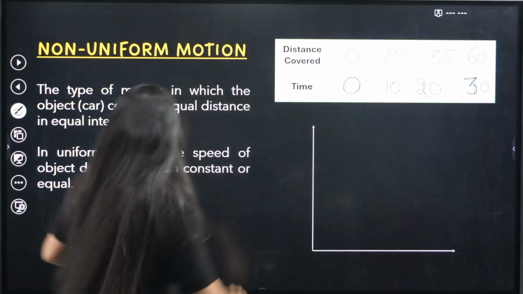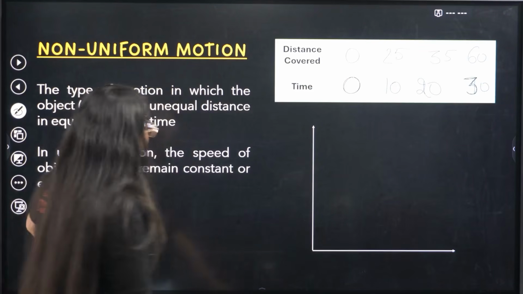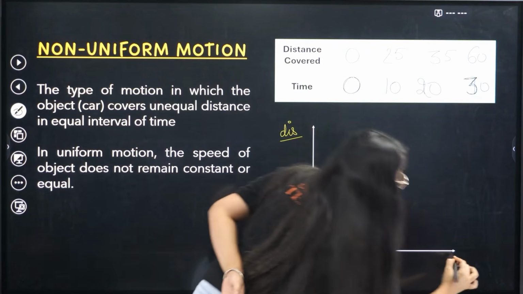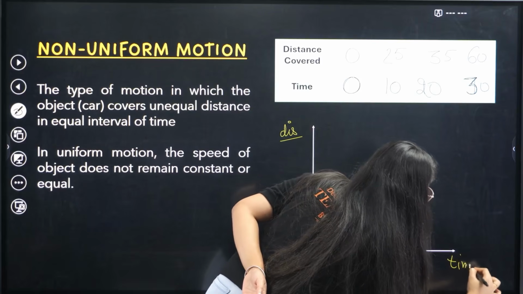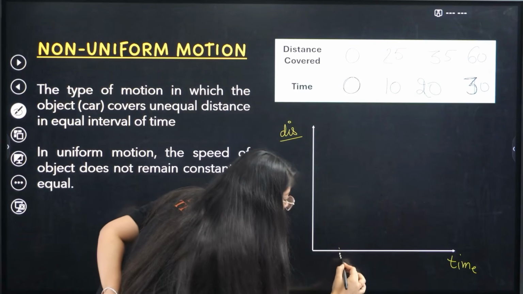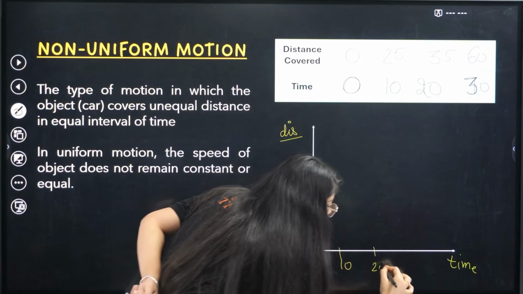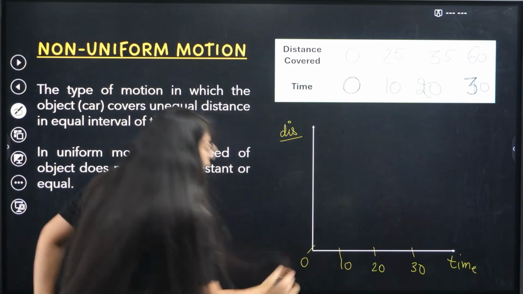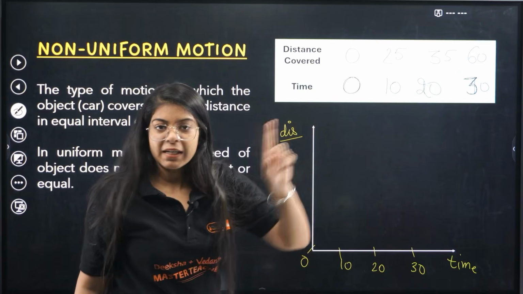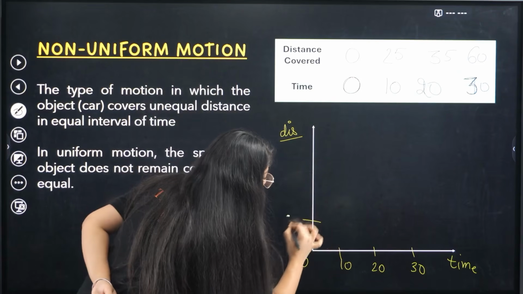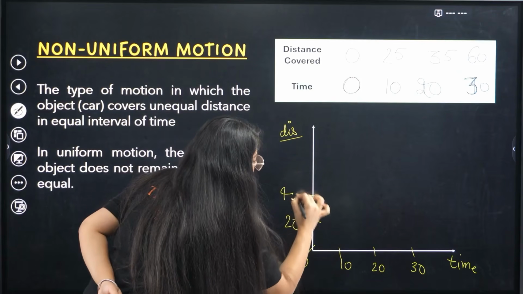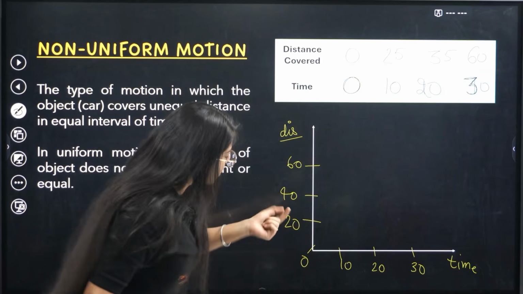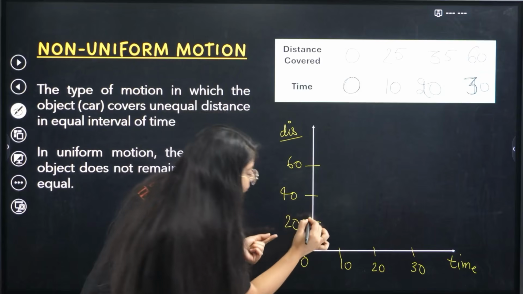Again, let's make the graph now. On the y-axis we have distance. On the x-axis we have time. Now the time interval is the same. This is 10 seconds, 20 seconds and 30 seconds. But for distance, we will take the same interval, so here that is 20, 40 and 60. But now we have 25, so a little above 20, that will be somewhere here.